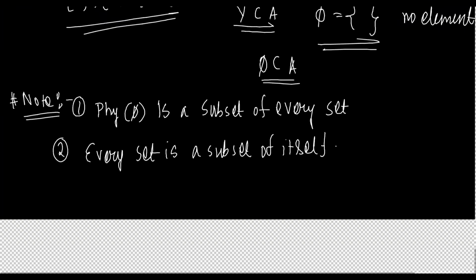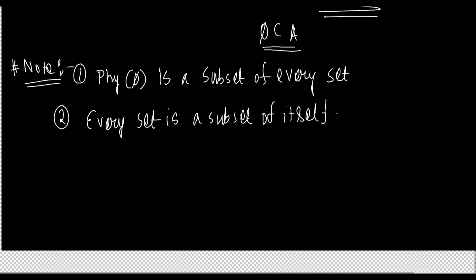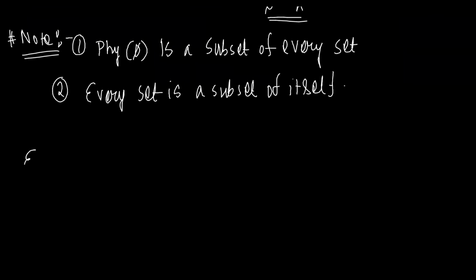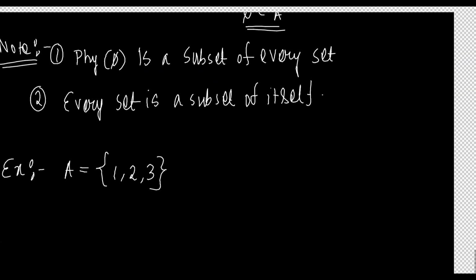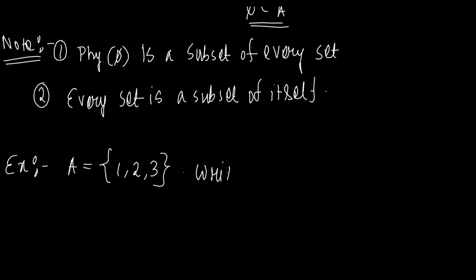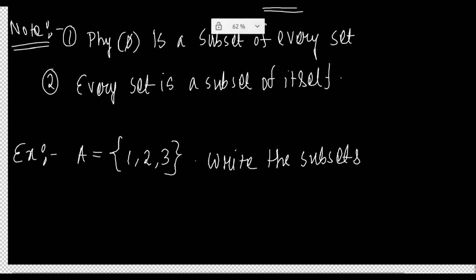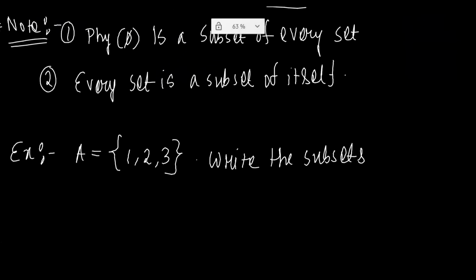Now another example I'm giving. Suppose a set A having 1 2 3. You have to write the subsets. So what will be the subsets?